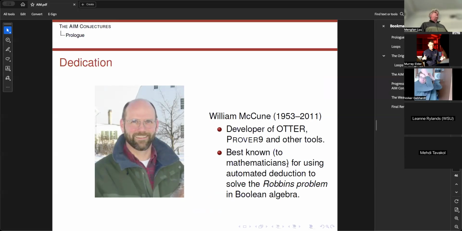Bill is probably best known for his work in the late 90s in solving the so-called Robbins problem in Boolean algebra, which was an axiomatization problem for Boolean algebras. And he used automated deduction tools that he developed to solve this. It was one of the first such solutions that there was.